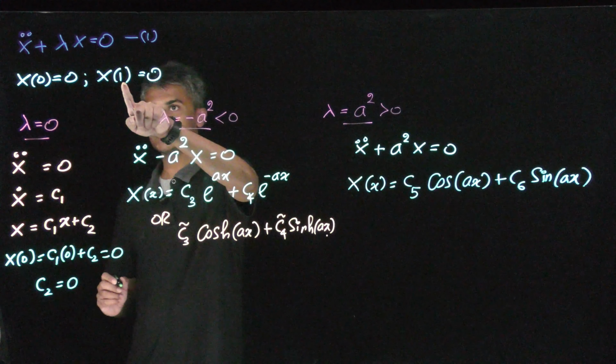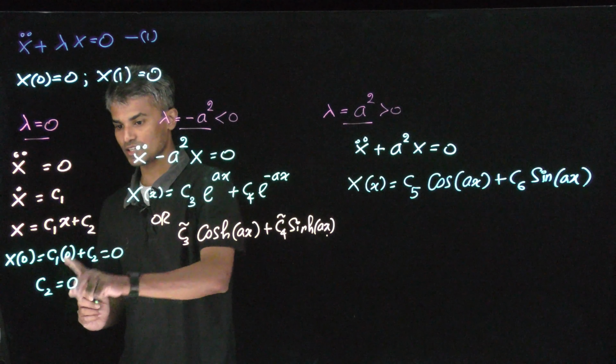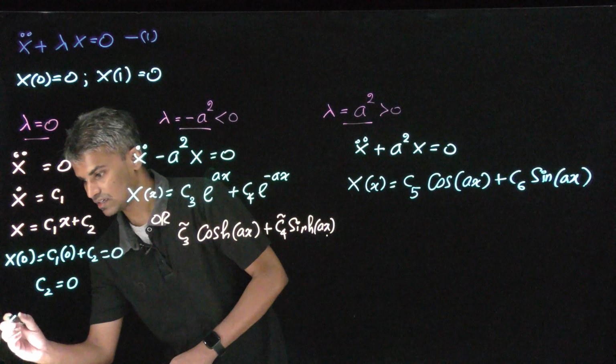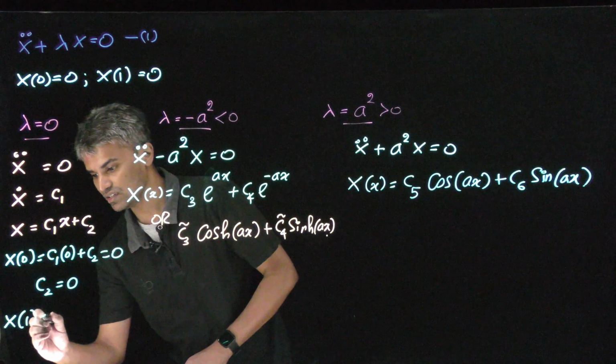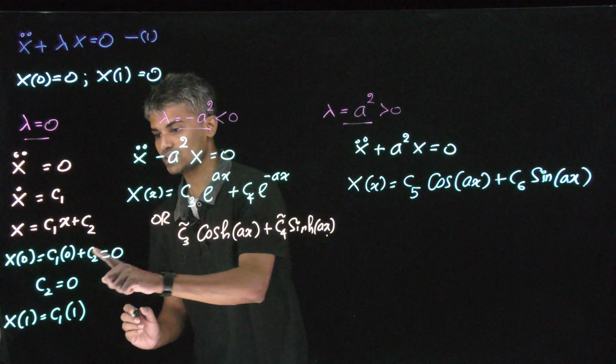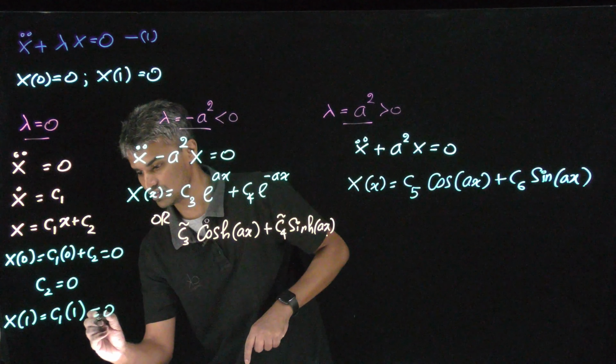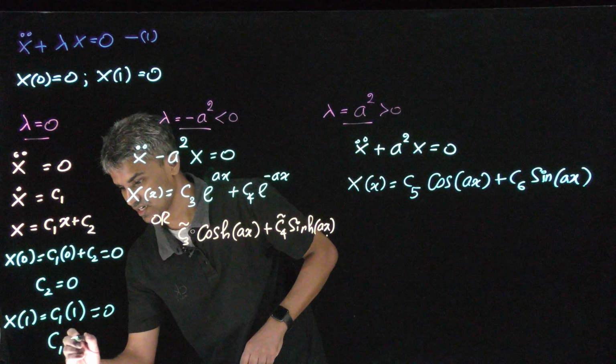Now let's apply the second boundary condition. At this point we know that c2 is 0. If we evaluate big X at 1, then we have c1 times 1, and c2 is 0, therefore c1 times 1 equals 0, so c1 equals 0.